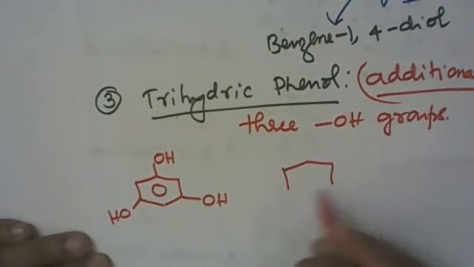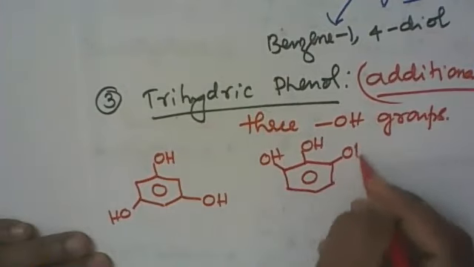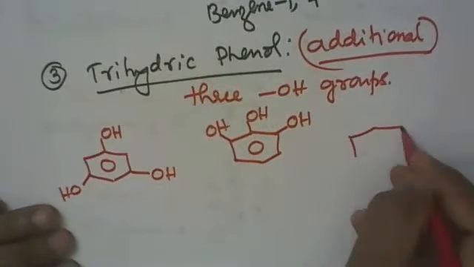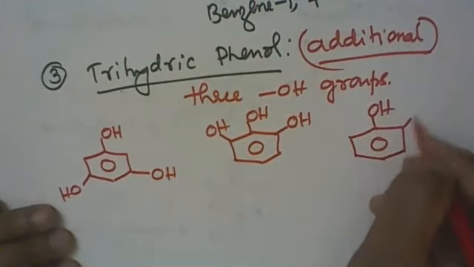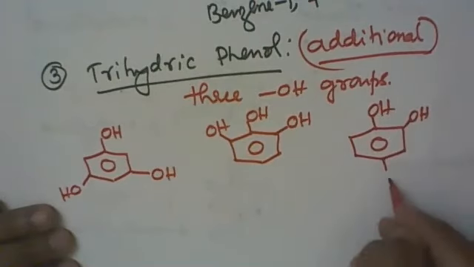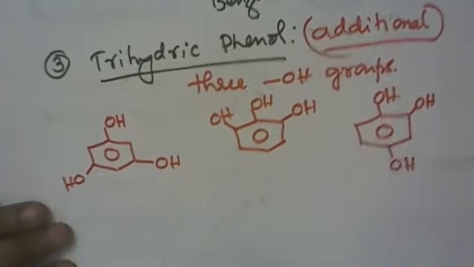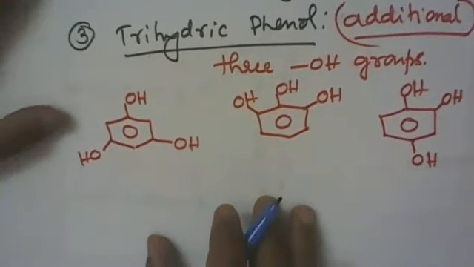Next one. And there are 1, 2, 3 positions like this. Next one. Benzene attached to the OH at the 1, 2 position and 4th position. Clear? Now we'll write the name.